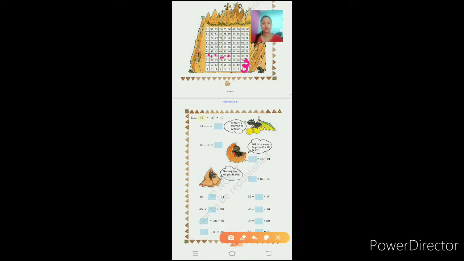So answer is 27. 27 plus 9 is equal to 36. And mathematically, if you want to do that, 36 minus 9 is equal to 27. So answer is 27. Okay. Similarly, you can do all these questions.